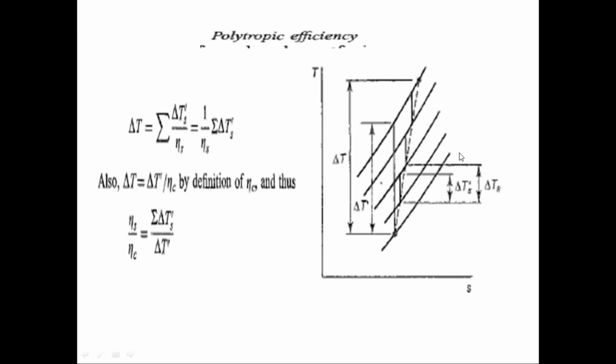Okay, so let's say starting from this point and ending at this point, isentropically, when the compression is to be done, let's say from this state to this final state. Consider this as a single stage.